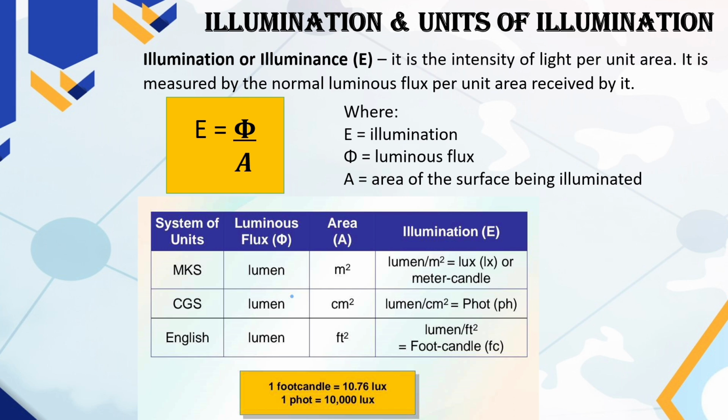For the CGS, the luminous flux is lumen, the area is cm squared, and the illumination is lumen per cm squared, which is equal to phot, ph. And for the English system, the luminous flux is lumen, the area is feet squared, and the illumination is lumen per feet squared, which is equal to foot candle, fc. Please take note that 1 foot candle is equal to 10.76 lux and 1 phot is equal to 10,000 lux.